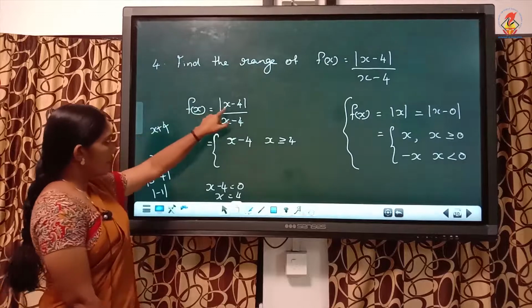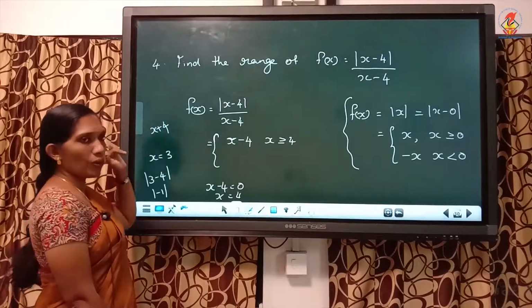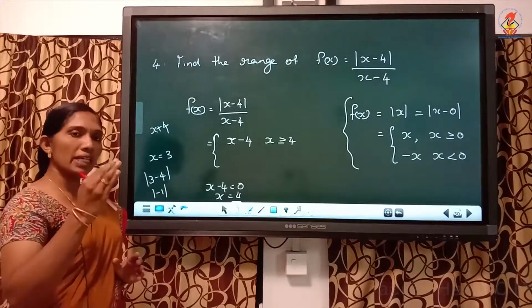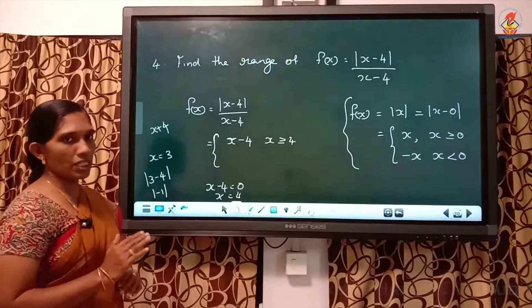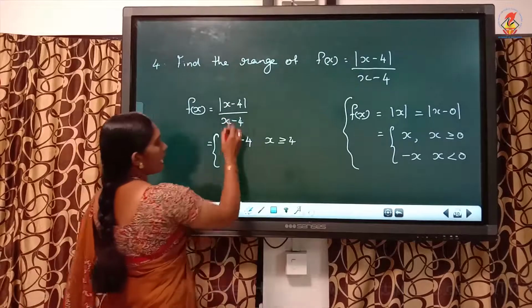If it is in the numerator, if it is x plus 4, then you have to define when x is greater than or equal to minus 4 and x less than minus 4. In that way you have to define. So here I am defining like this.